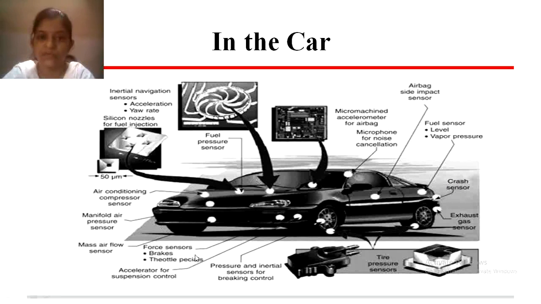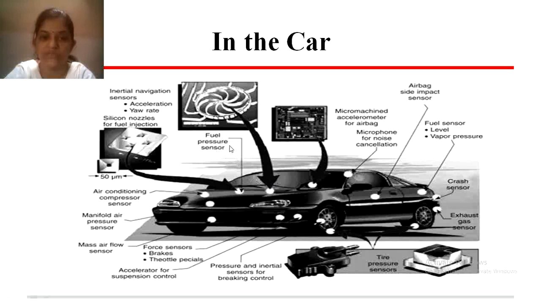Then suppose in day to day life we are using the car. In the car also there are many things fabricated under MEMS technology. So this is one of the examples where lots of points are made from MEMS technology.